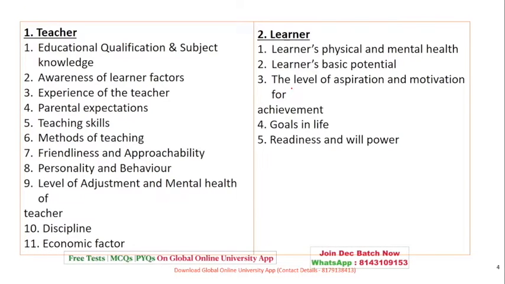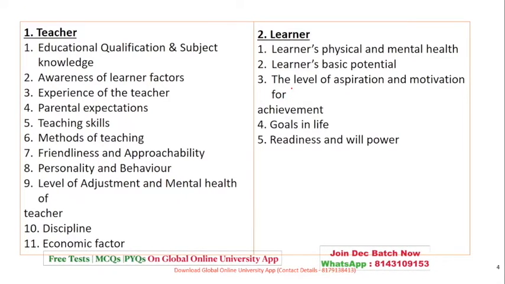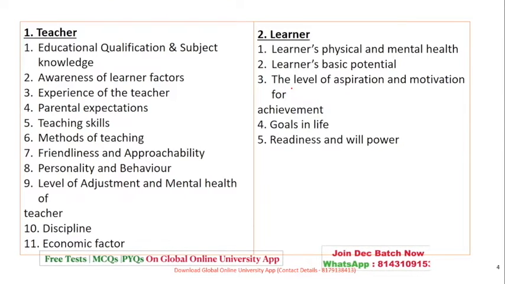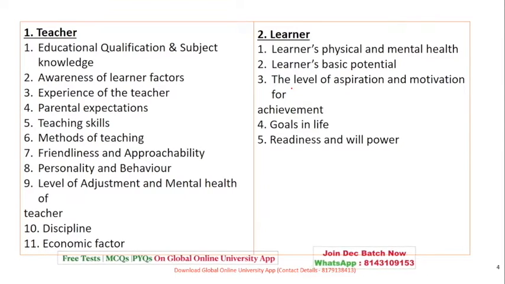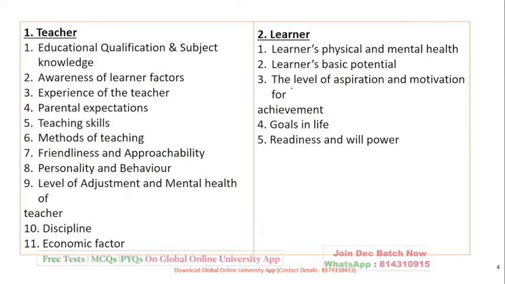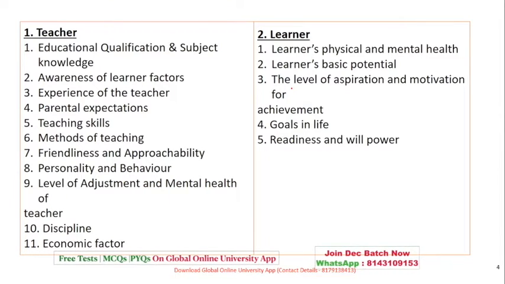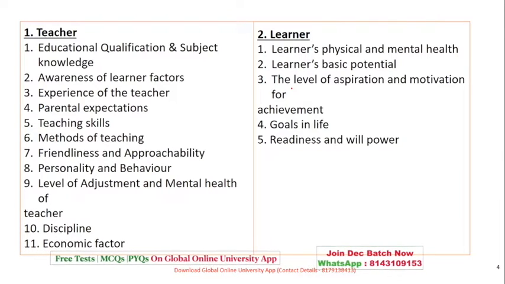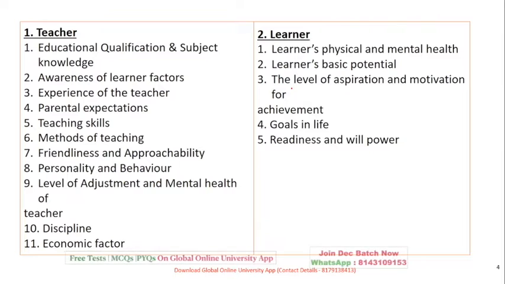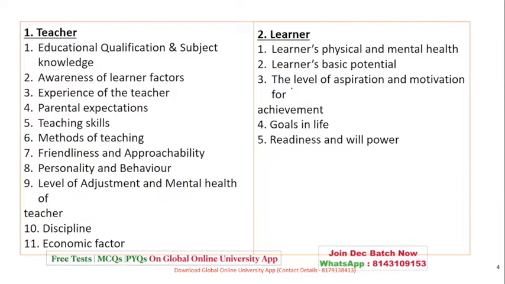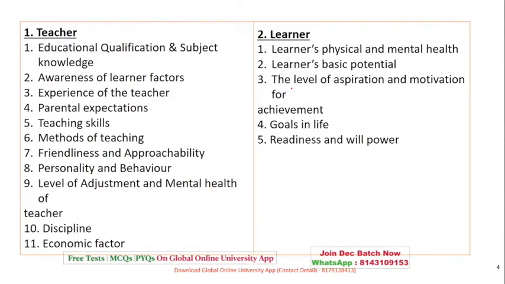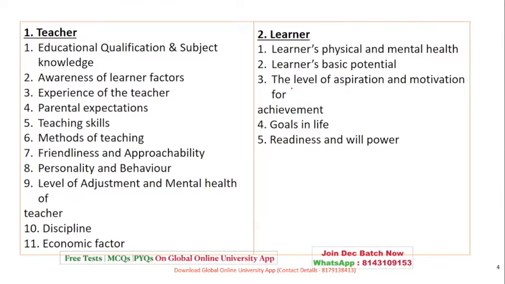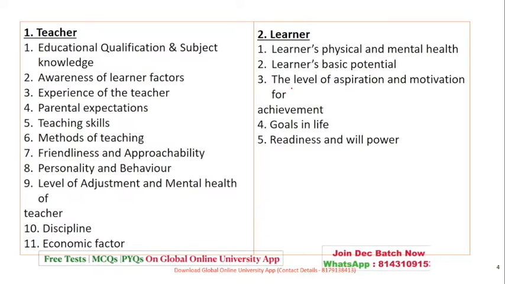Many times they give you options like the learner's parents' qualification, their socio-economic background, or the society they come from. Those are not right, you may get an odd man out. So basically the learner's mental health, physical health, basic potential, the capability he has, aspiration, his goals, and the desire and readiness with willpower. This will be the right option.